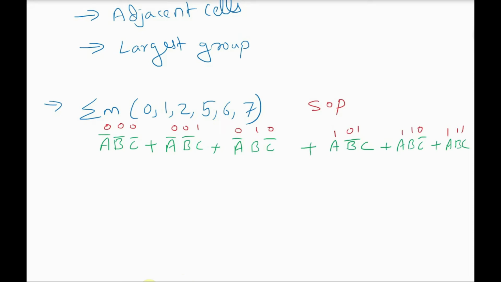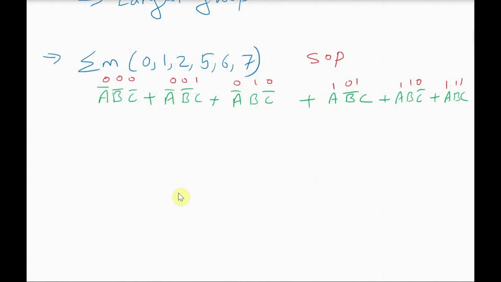Since for representing 7 in binary we need 3 bits, 1, 1, 1, 3 variables are required. You have to take the maximum number and find the number of bits required to represent it, and that's the number of variables.